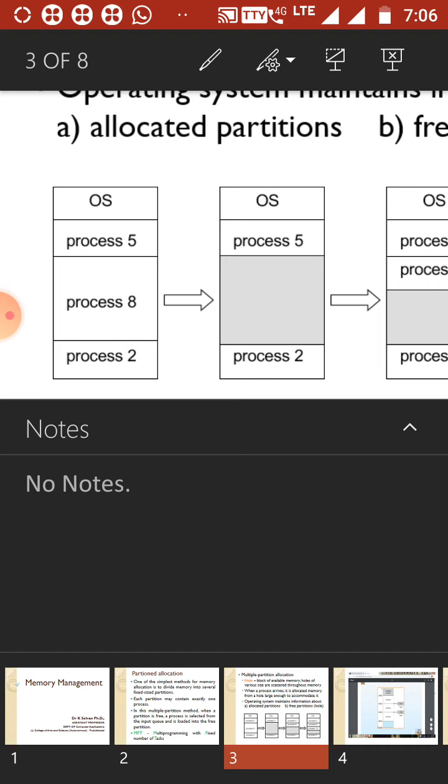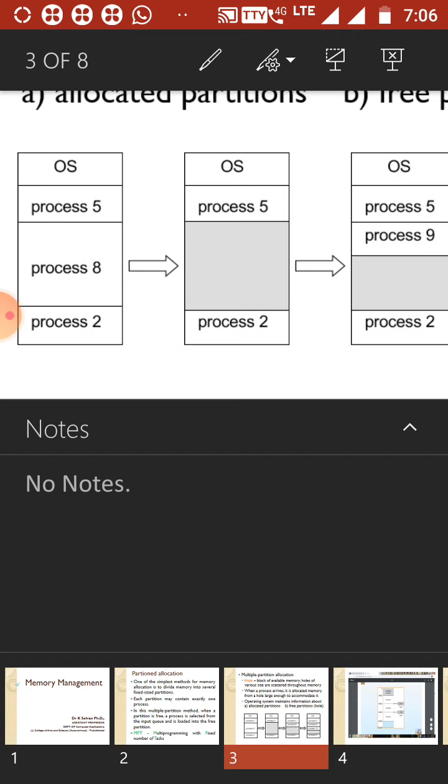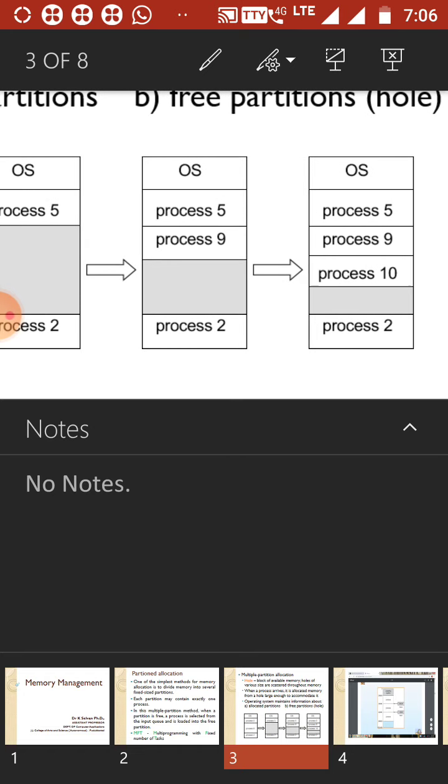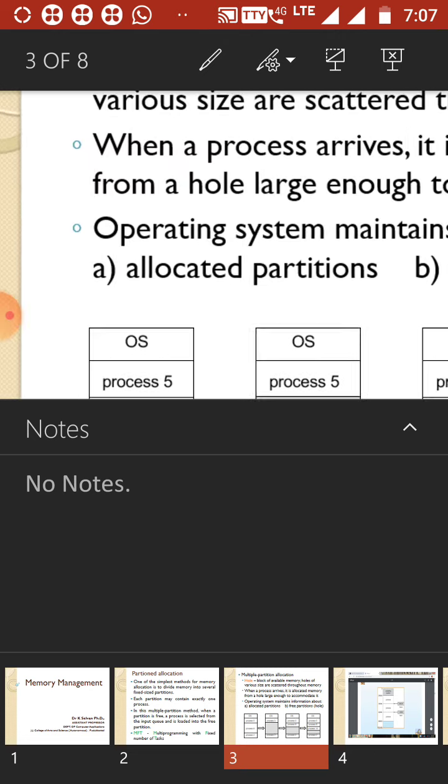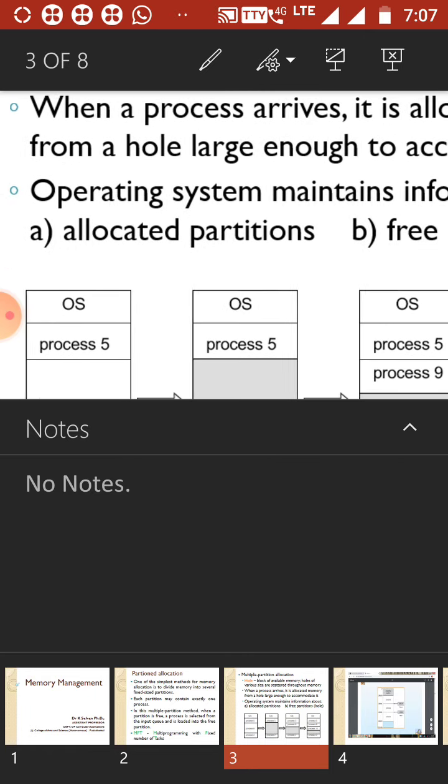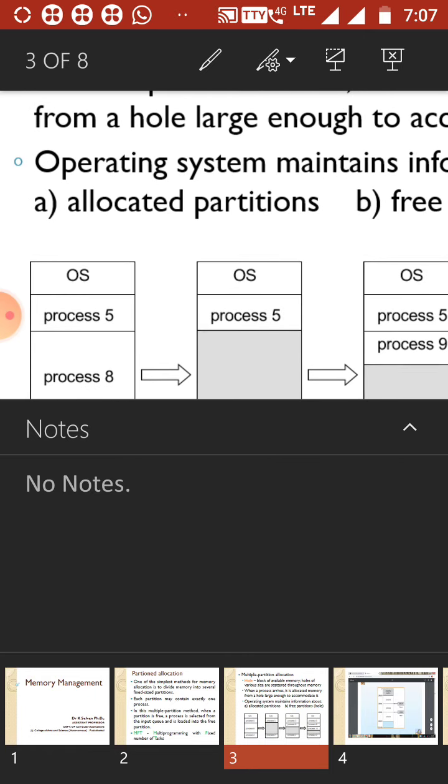So in execution only process 5 and process 2 are available. Then a new job enters, that is process 9 and process 10. I think this will be discussed elaborately in the next class.